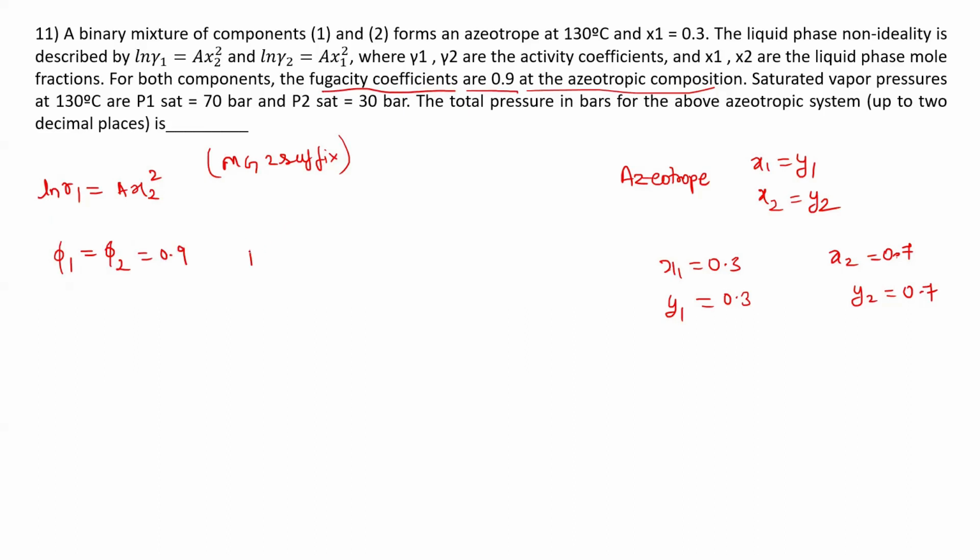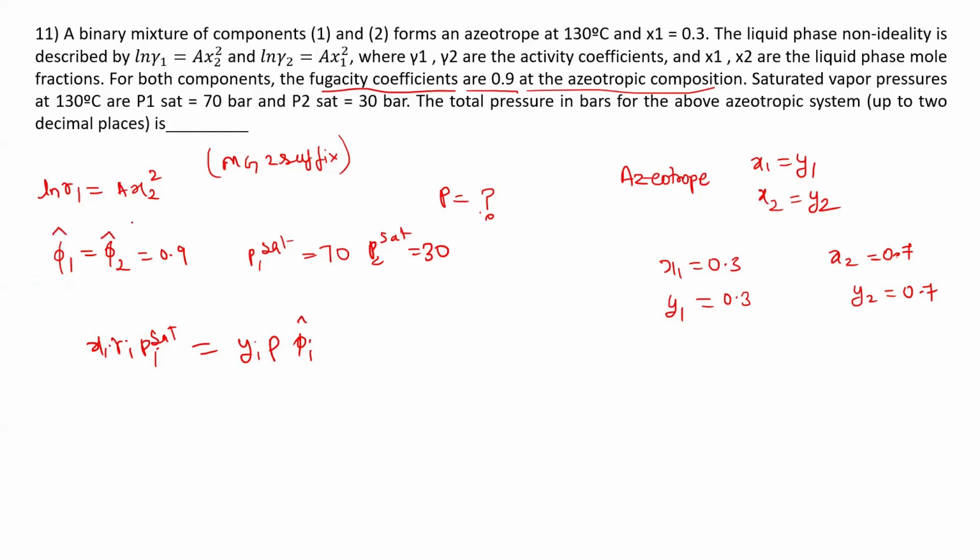Saturated vapor pressures are given: P1 sat is equal to 70 and P2 sat is equal to 30. The total pressure P equals what? We know xi gamma i Pi sat is equal to yi P phi i cap.